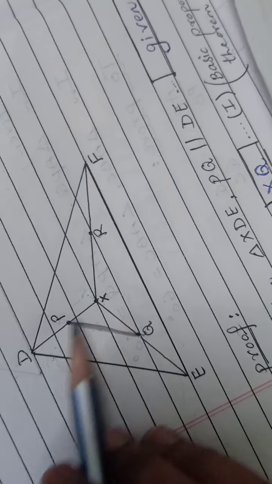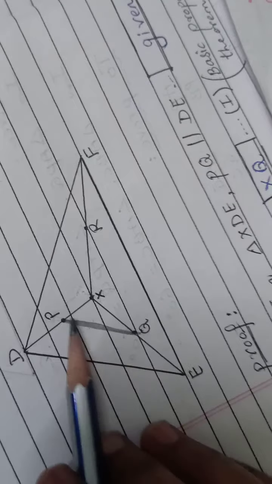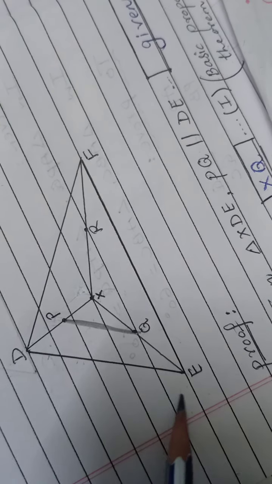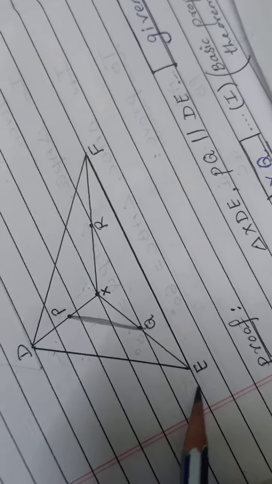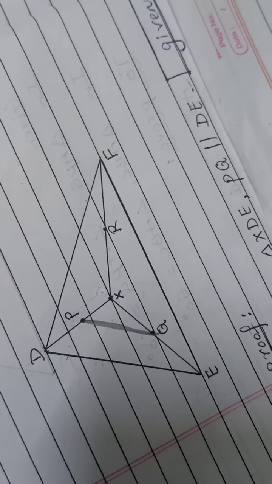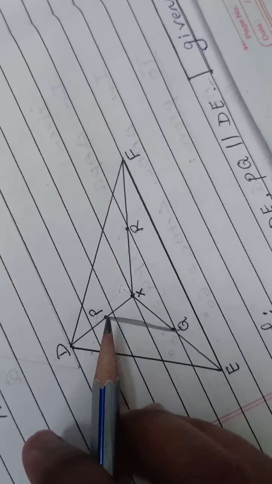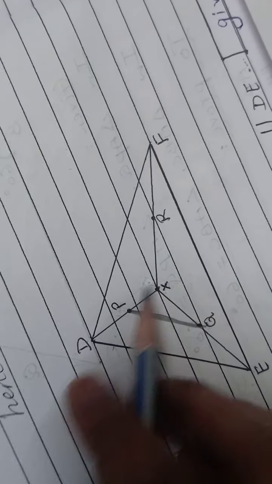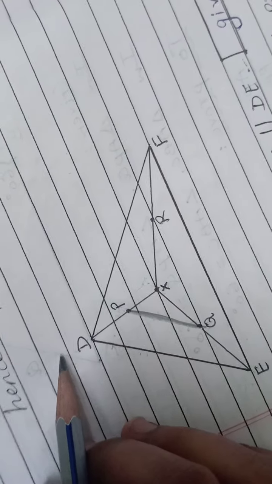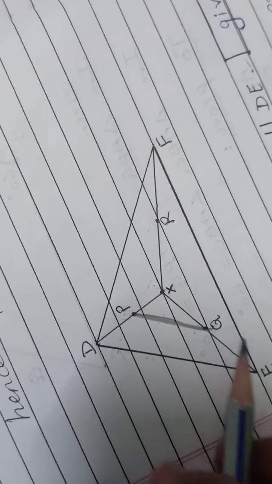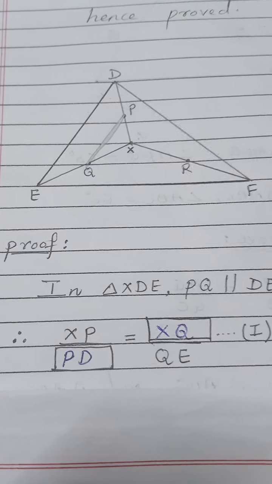Again, in triangle XDE, PQ is parallel to DE, already given. Then we can apply basic proportionality theorem here. So basic proportionality theorem will be XP upon PD is equal to XQ upon QE.